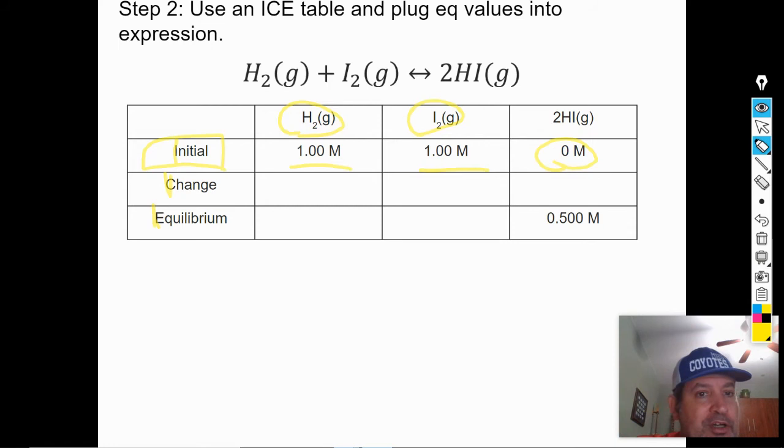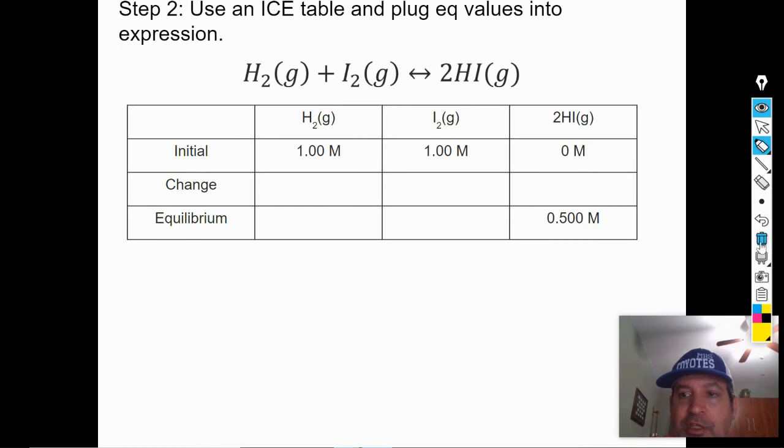So we put in 1 molar H2, 1 molar I2 into a sealed flask, and they start reacting. They start colliding, breaking bonds, forming HI. When they got to equilibrium, which is shown with the E in ICE, we ended up, it says in the problem again, with 0.5 molar HI.